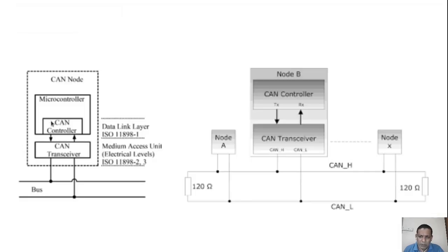The output of the CAN controller will be a digital signal, that is zeros and ones. The CAN controller will have only zeros and ones, and from that CAN controller we are using a CAN transceiver to convert that digital signal so that it can be connected to the CAN high and CAN low bus.